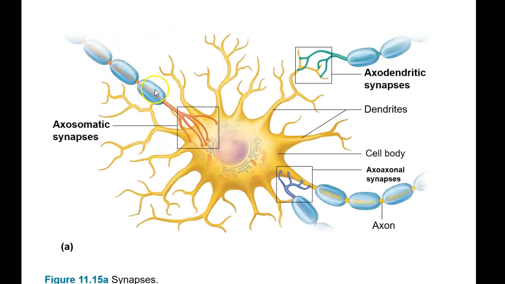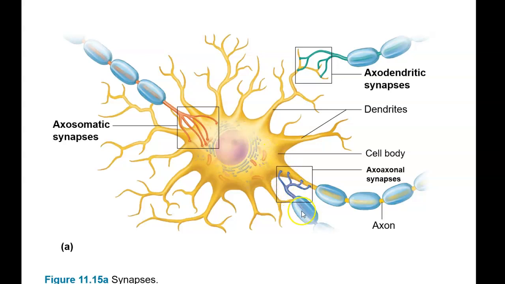So here you could see the meeting of these two neurons. In this case, this would be the presynaptic neuron that's connecting to another neuron because it's connecting to the cell body of a neuron, or the soma. And in this situation, this one would be the presynaptic neuron, and this one would be the postsynaptic neuron, because in this case the signal is going from this neuron to this neuron.